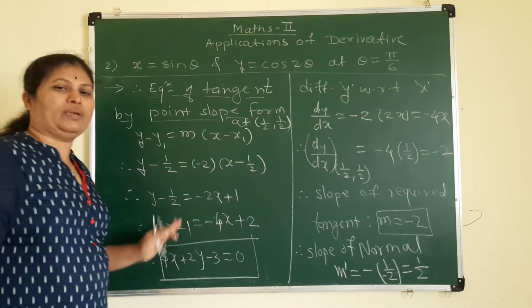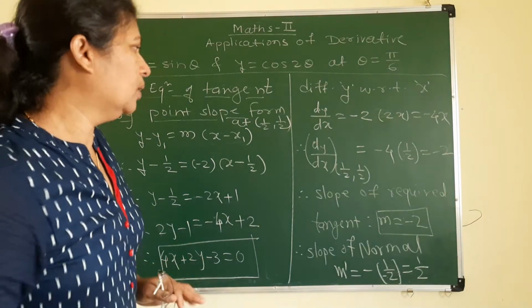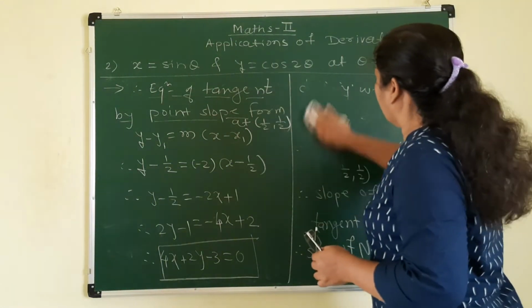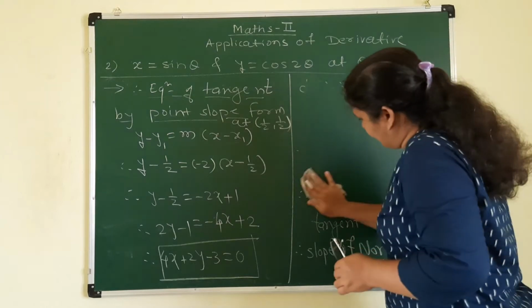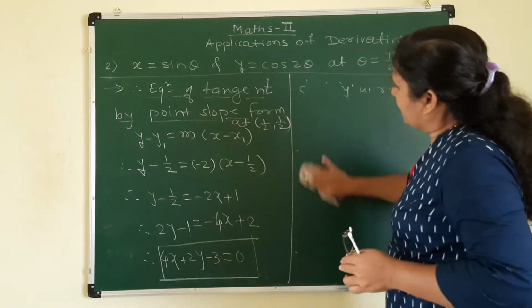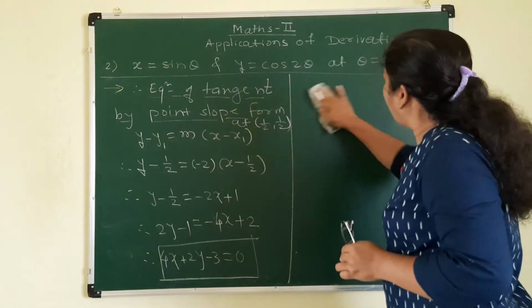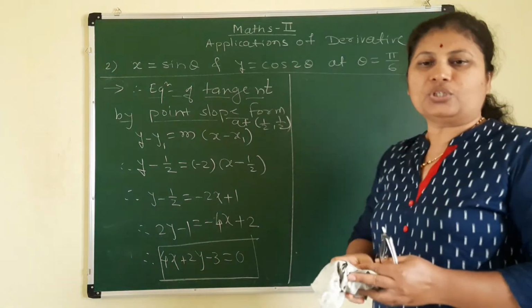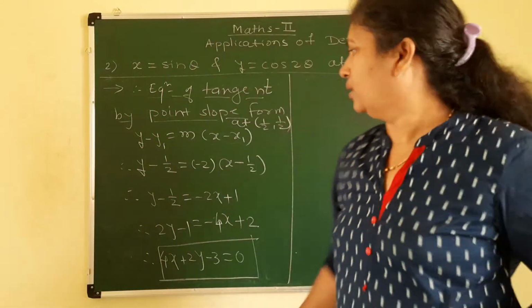Now in the same way, by using point slope form, we will find the equation of normal also. Using the same form, there will be a change only in the slope. The remaining part will be the same. The point of contact x1, y1 is 1 by 2, 1 by 2, no change. Just the slope of normal is different.